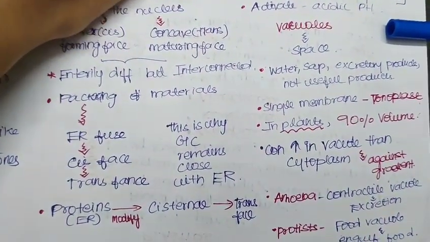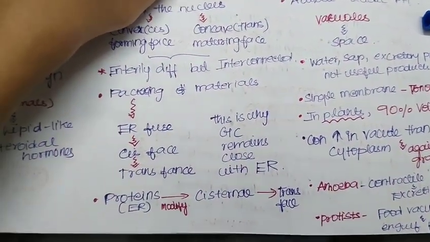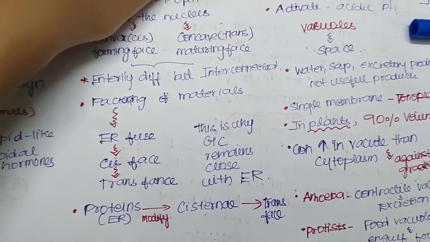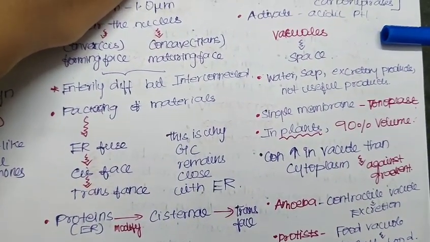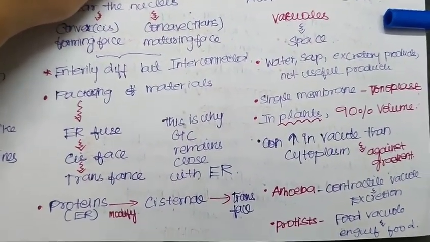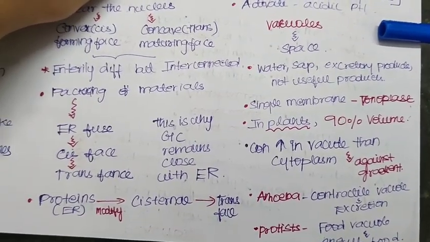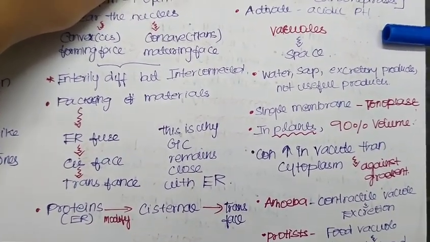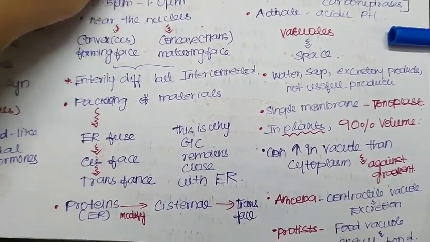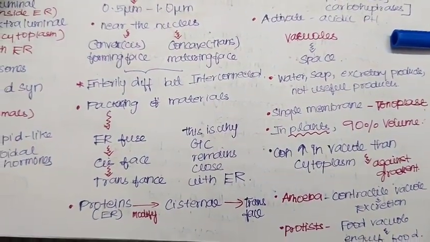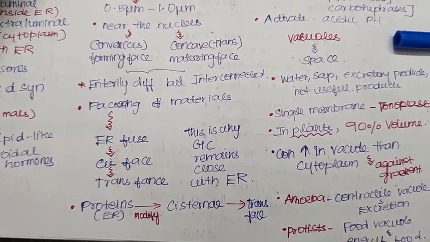Now we will talk about the vacuoles. The vacuoles are nothing but membrane bound spaces found in the cytoplasm. So what materials are found in the vacuoles? It's a simple space, right? It contains water, sap, excretory products, and also products not useful for the cell.